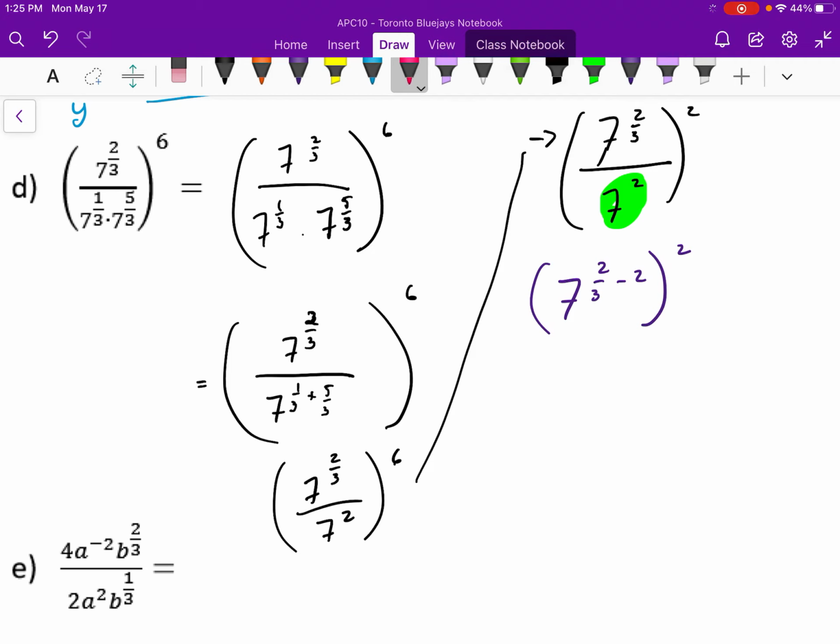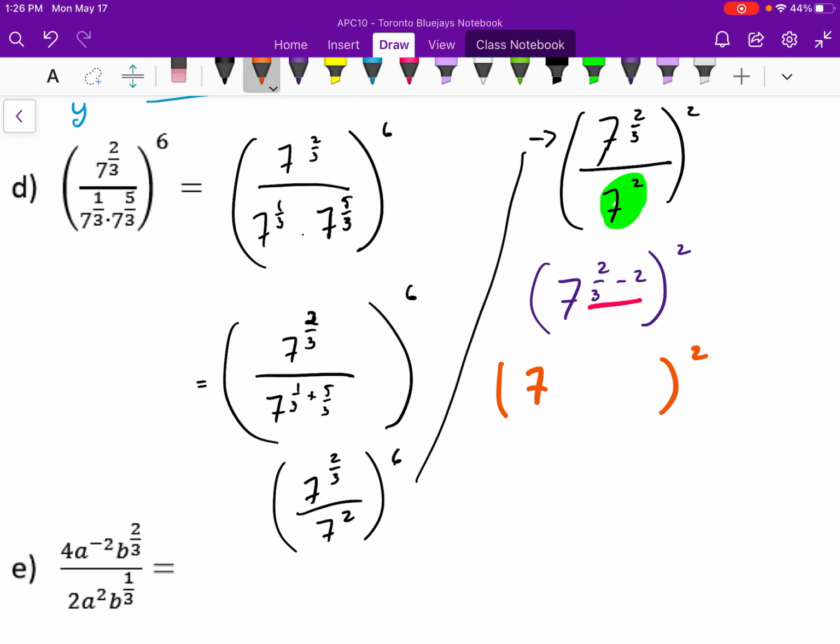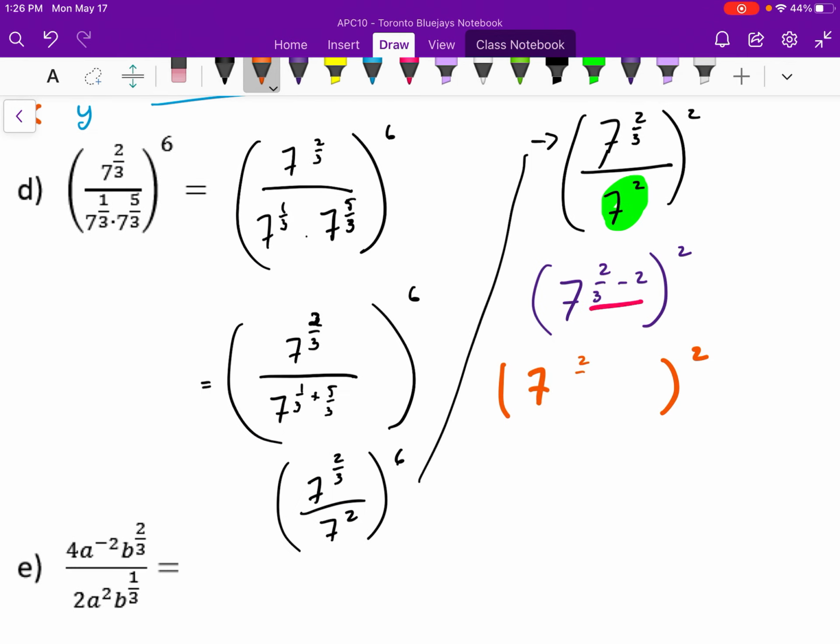If I underline this, really I'm dealing with rational numbers, a concept that we've been dealing with for quite some time now. So to subtract those two numbers together, I suppose I need a common denominator. So my common denominator is 3.